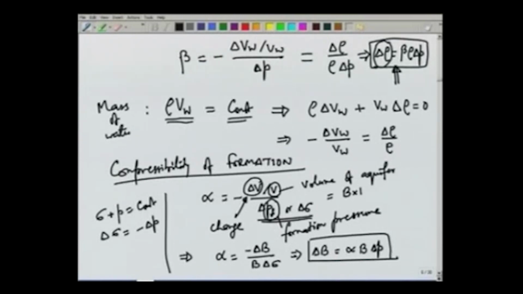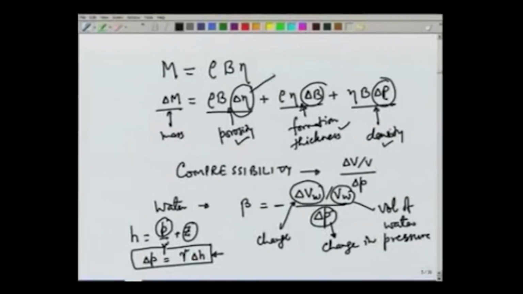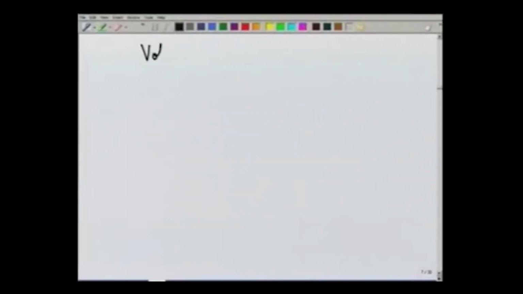Now, the third term which we need is how the porosity is changing with change in pressure, and for that we can assume, which is generally a very good assumption, that the volume of solids is constant.